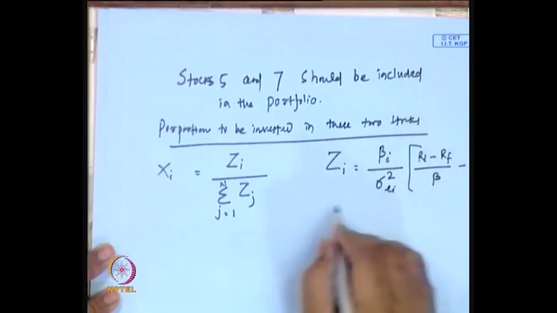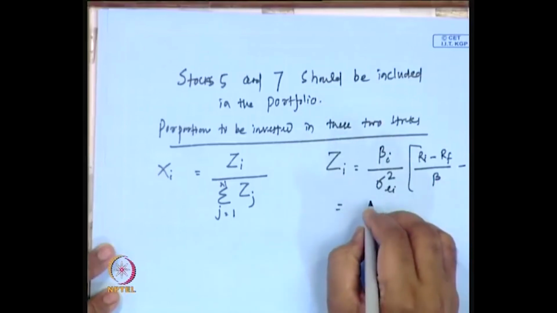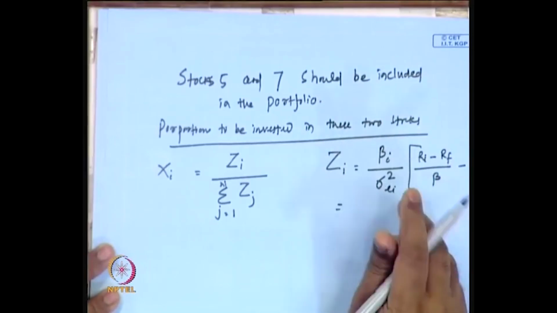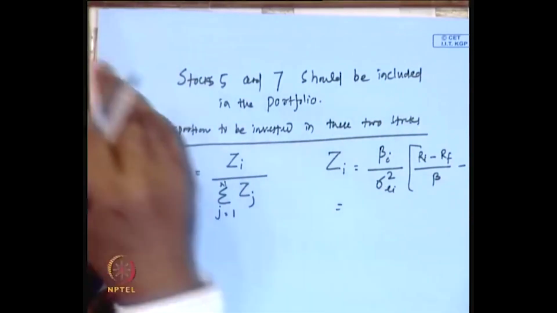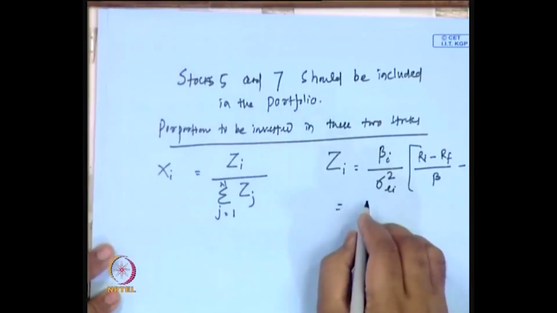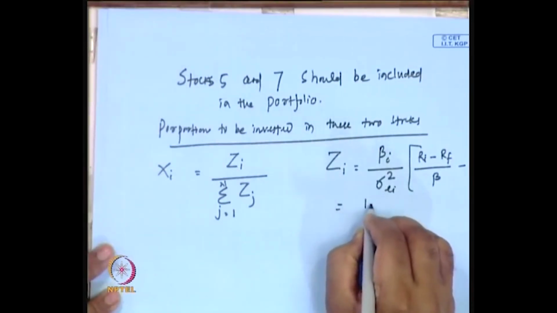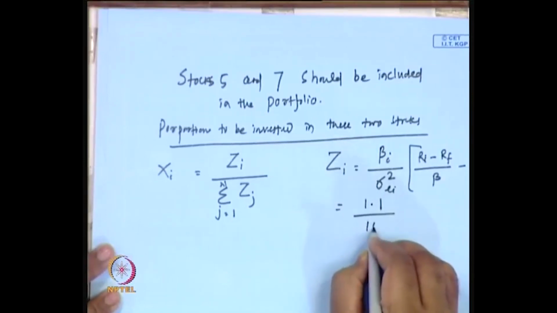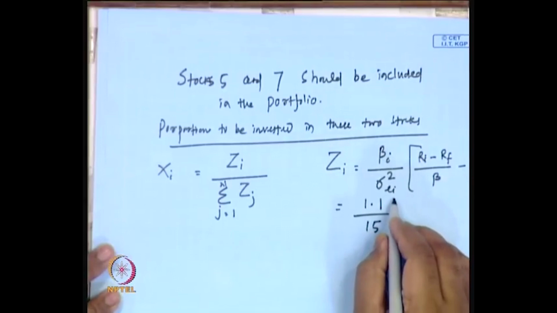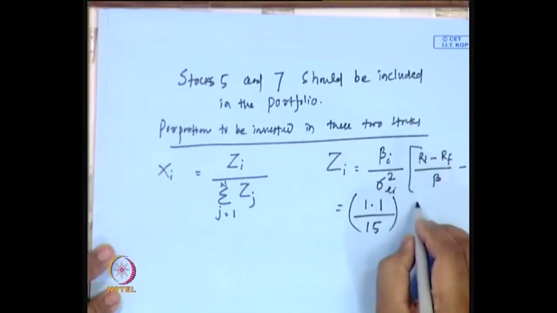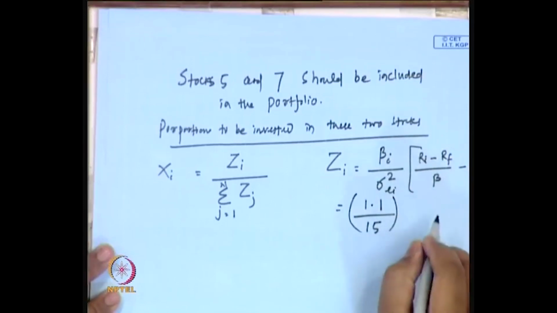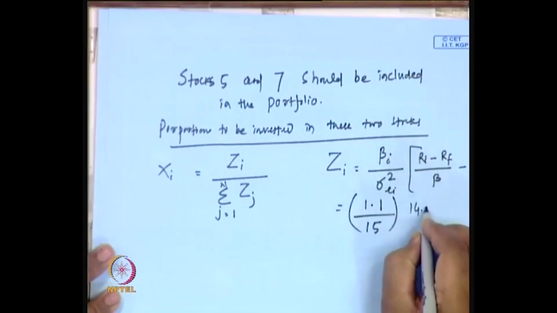In the first case, the beta value you already know for security number 5. Take the example of security number 5: the beta is 1.1, your unsystematic risk is 15, and your excess return to beta ratio is 14.54.